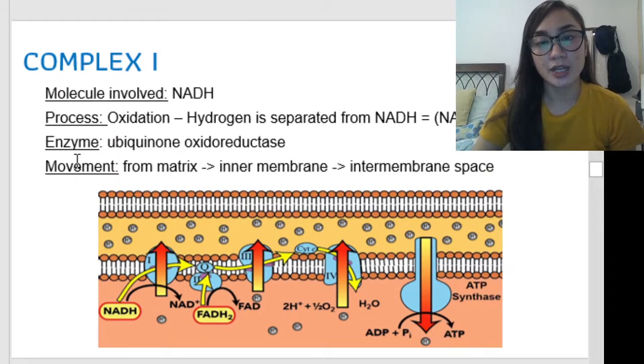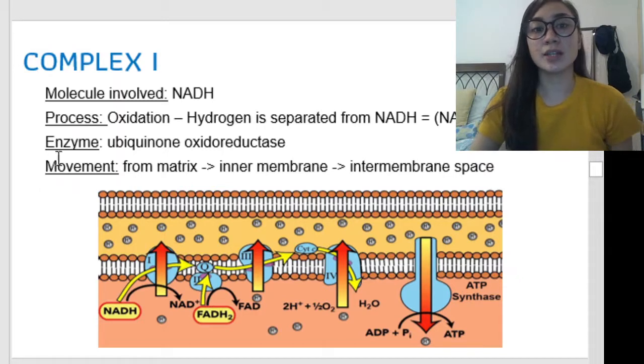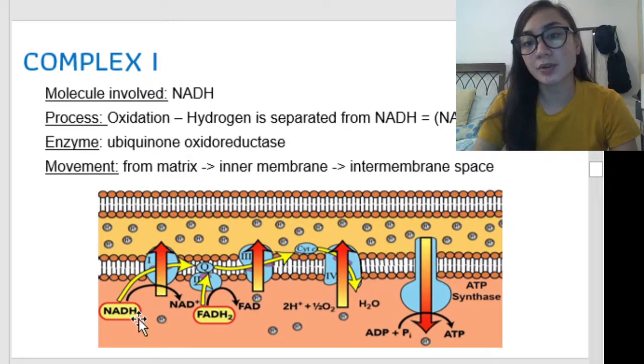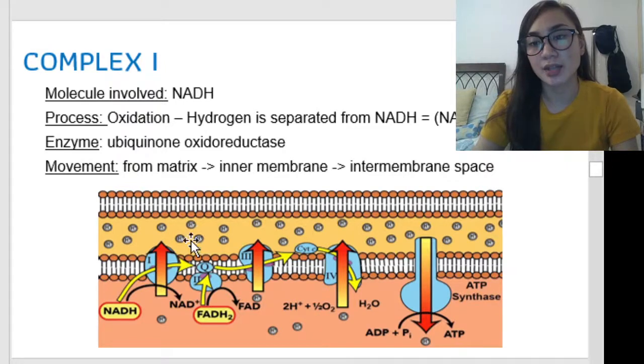And we have an enzyme that is involved here, which is ubiquinone oxidoreductase. So, if you remember, enzyme is the one that catalyzes the reactions o yung nagpapabilis sa ating reactions. So, again, the movement is from matrix to inner membrane to intermembrane space. So, yun yung movement ng ating hydrogen ions.